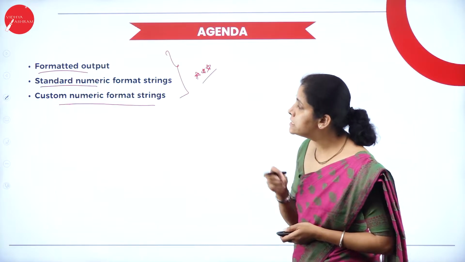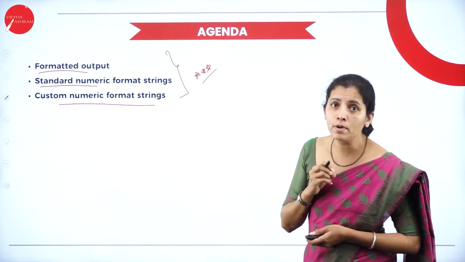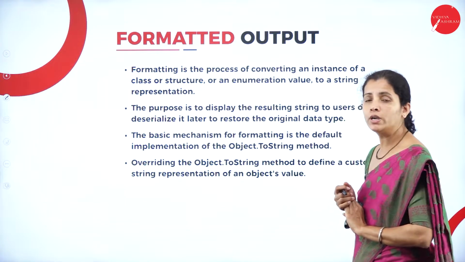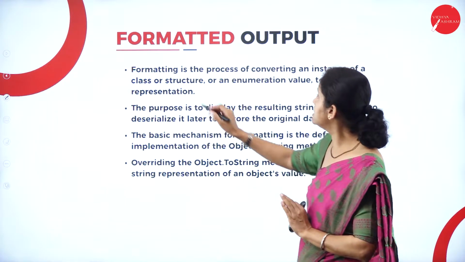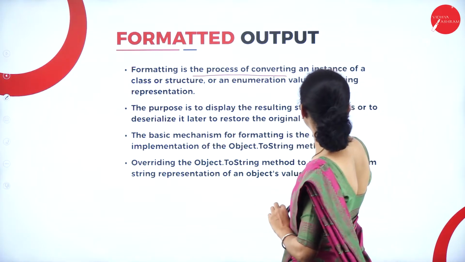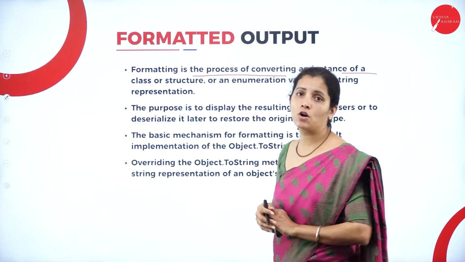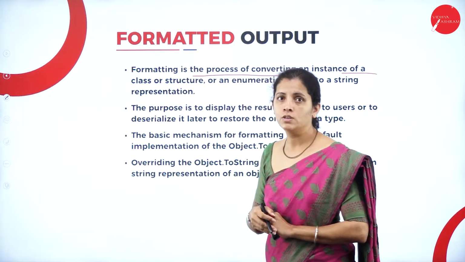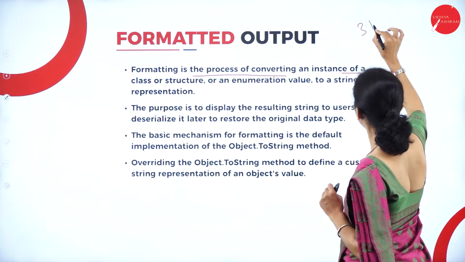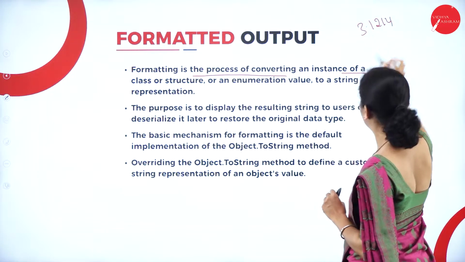Now, let's see how I am able to arrange or format the output. Here, formatting is the process of converting an instance of a class or structure. For example, think that I have the value 3.1214.